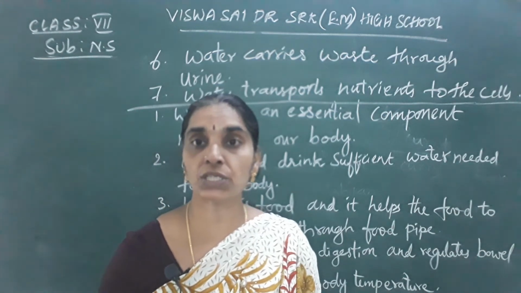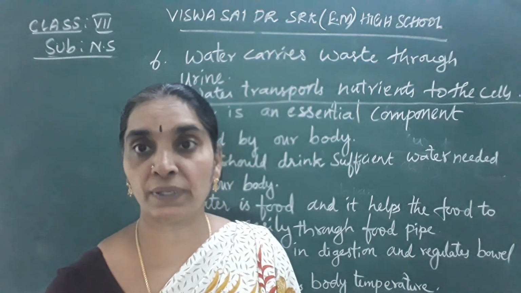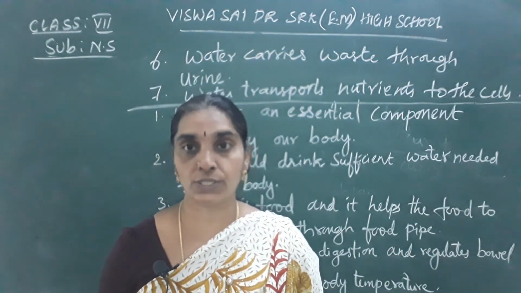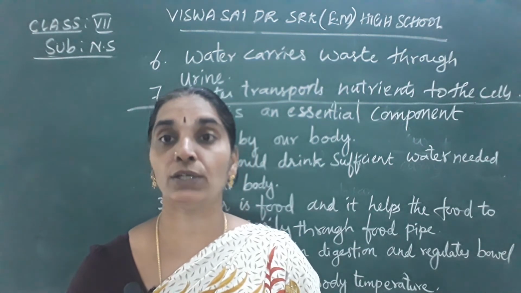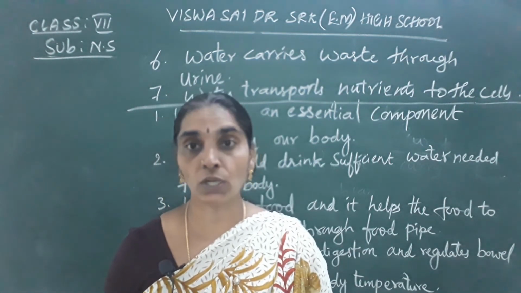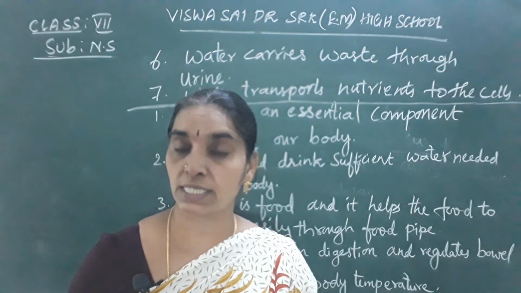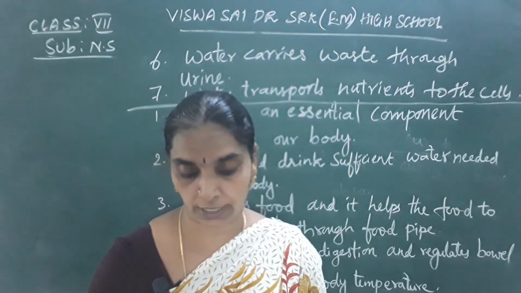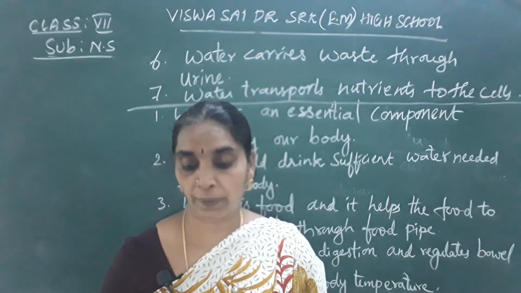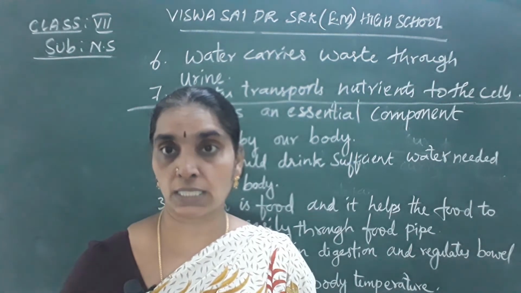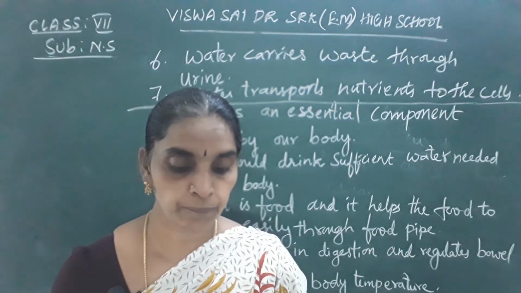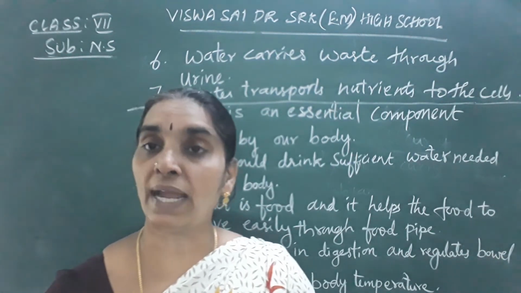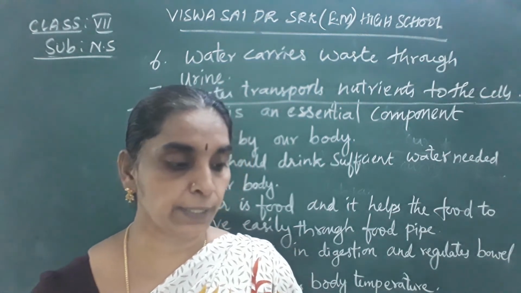What is the answer, children? Fibers in our diet prevent constipation. As you know well, fibers are a kind of carbohydrates. They do not digest but help the food to digest, so they prevent constipation. Our daily diet should include plenty of fruits and vegetables along with water. Next, oils and fats give us energy.